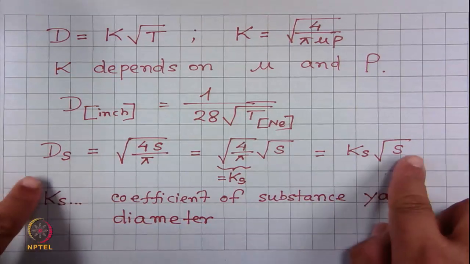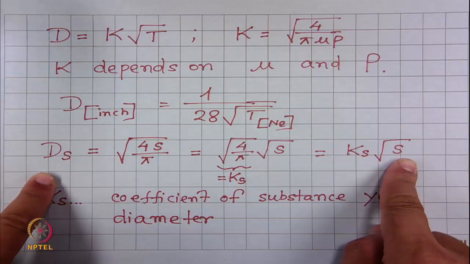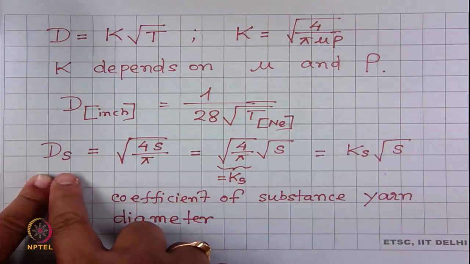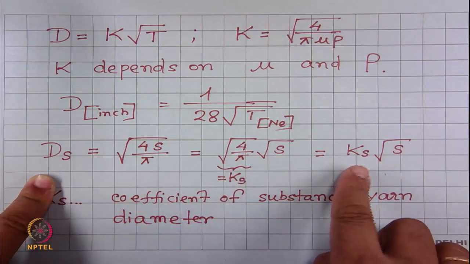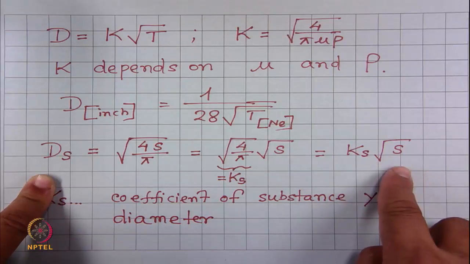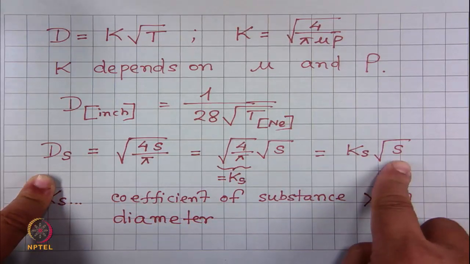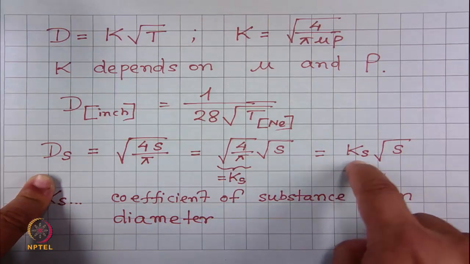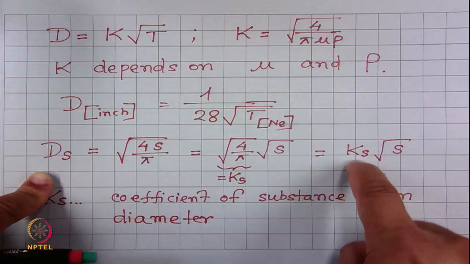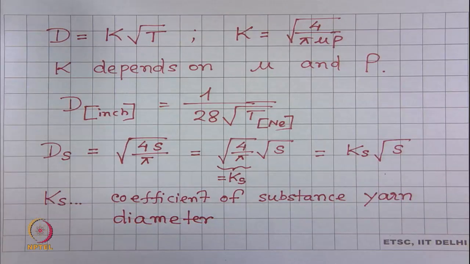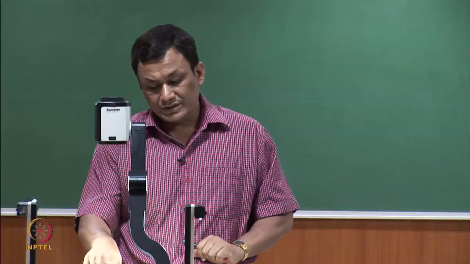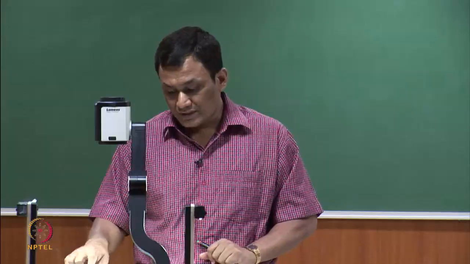If you read this equation, ds substance yarn diameter is equal to K s root over capital S. Capital S is substance cross sectional area of yarn, and K s is coefficient of substance yarn diameter. What do you observe? Generally in practice we work with K, not with K s.